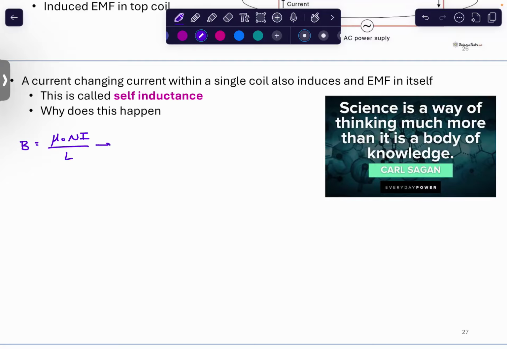Only this time we're going to change it so that your lowercase l is going to be the length of your coil cylinder now. This will make sense because capital L is what we use for inductance, so we can't have that all over the place. Mu zero.